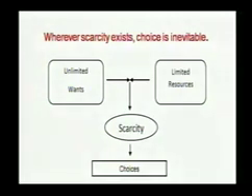Since we have scarcity, everybody who wants to take any decision is compelled to choose. In other words, wherever scarcity exists, choice is inevitable. Once you decide your choices, our third round, Dulani, is opportunity cost.